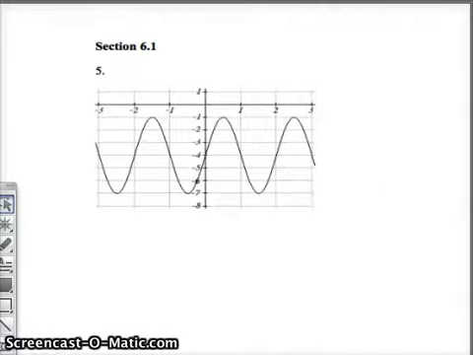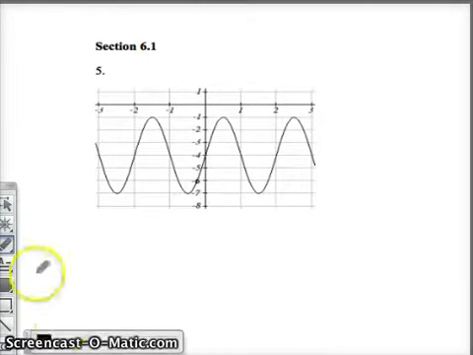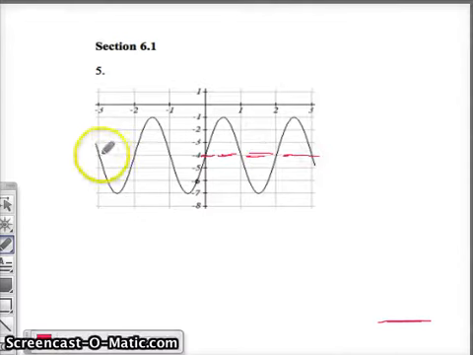Okay, so this particular problem from 6.1, I believe, was find the equation of the trig function. Okay, first thing I want to do is identify this midline. Remember that's the D, and we want to identify the amplitude.